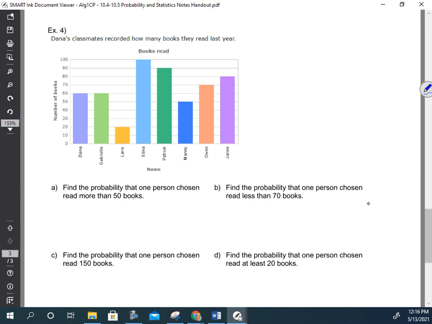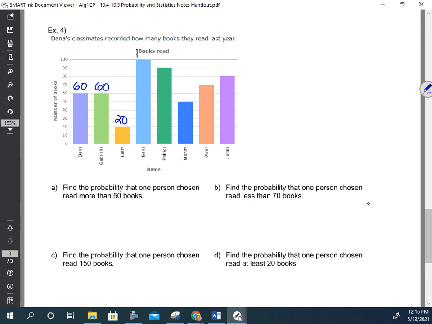So, Dana read 60. Gabrielle read 60. Larry read 20. And you can do the rest of them. That's fine. So, 60, 60, 20. All the rest of them out.